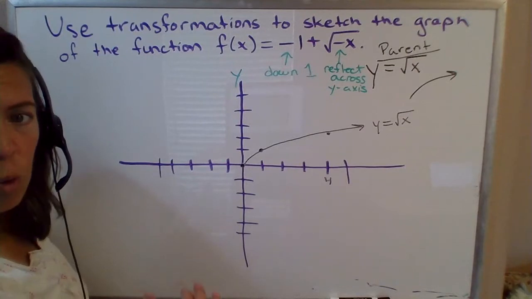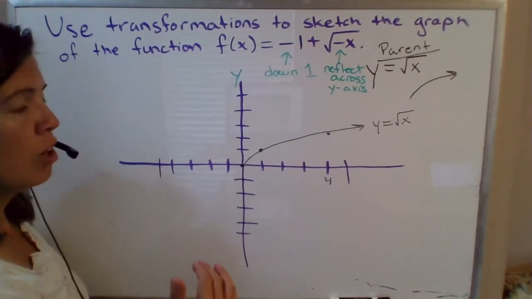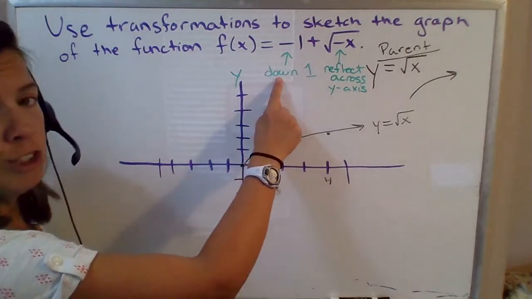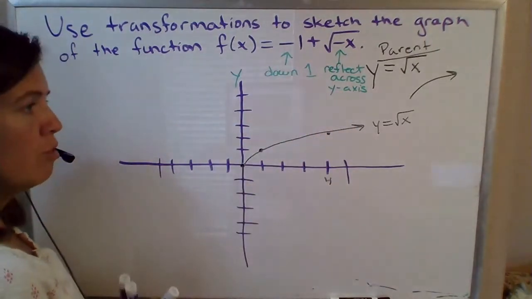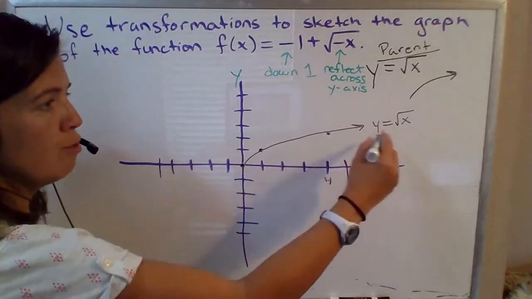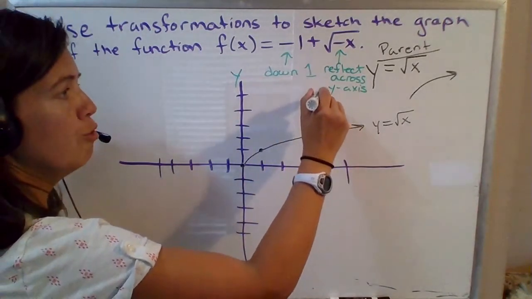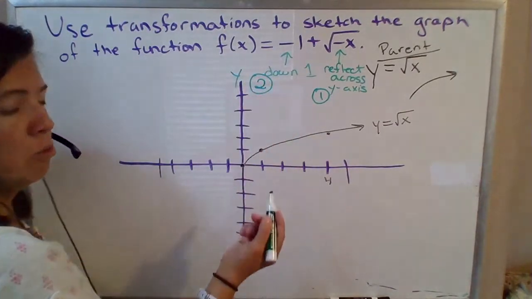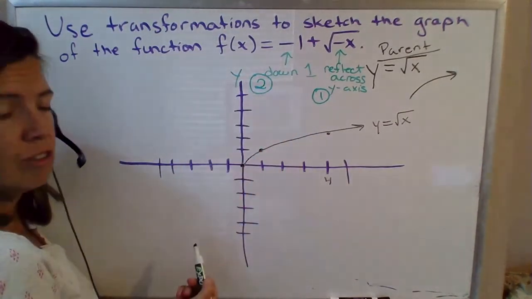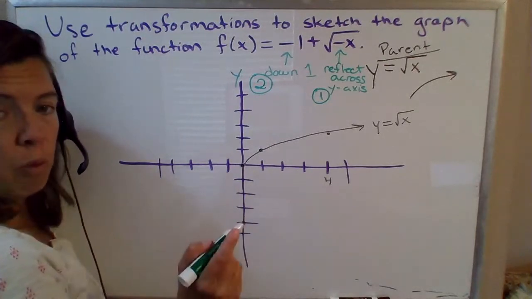Now, in terms of the order that you perform these transformations in, vertical shifts should always come last. So I am going to take these points that we plotted on the graph of y equals the square root of x. I will first reflect them across the y-axis, and then I'll shift down 1. The rule of thumb is always apply vertical shifts last. So I'm going to go 1 point at a time.